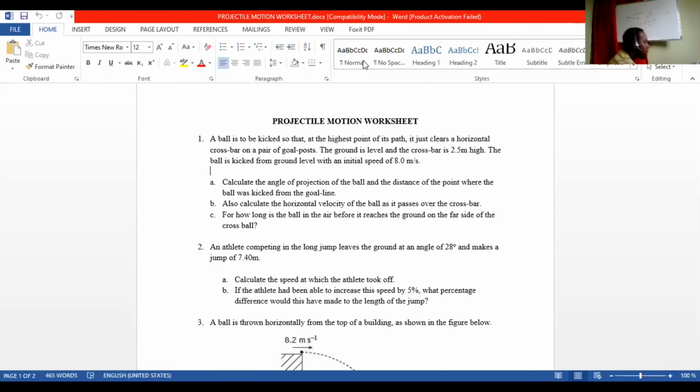So we're given the maximum height, which is 2.5, equals v naught, which is 8, and we're squaring 8, times sine squared theta, which is unknown, over 2 times 9.8. Right, so that's what we do to find theta. So let's simplify this. So we get 2.5 equals 3.27 sine squared theta.